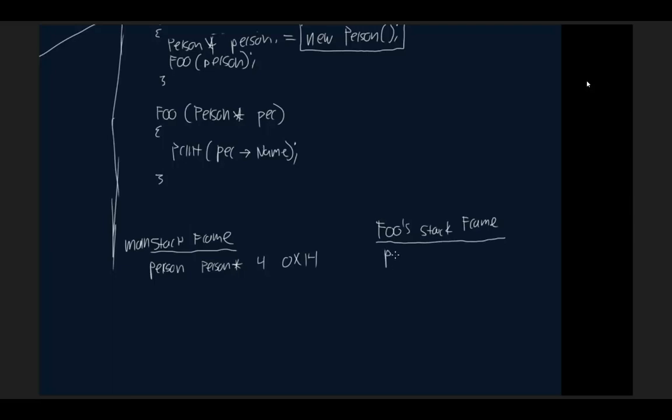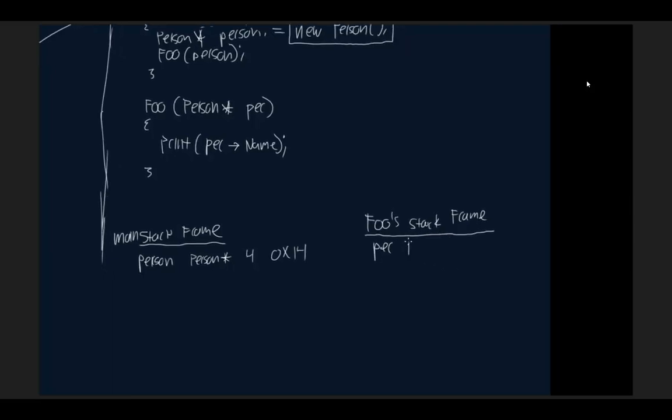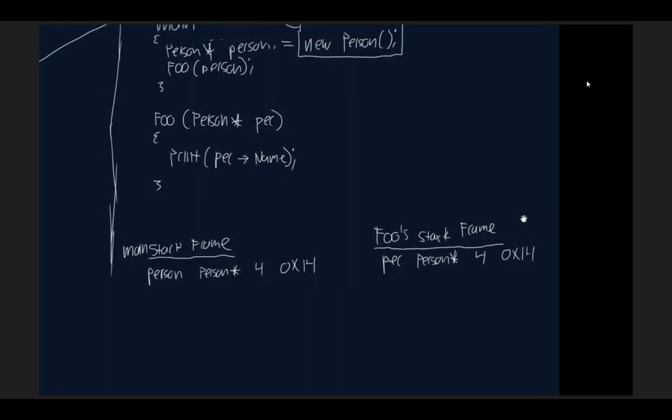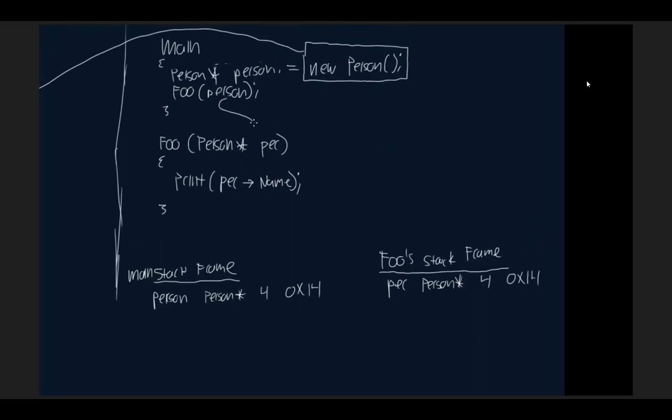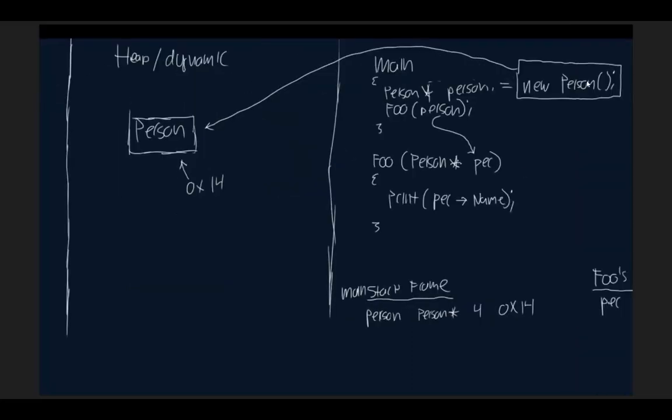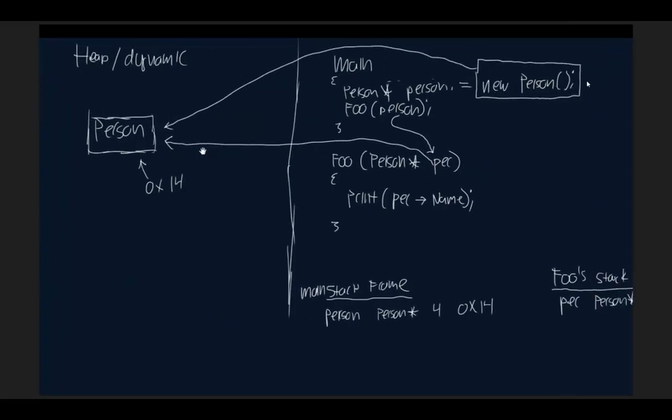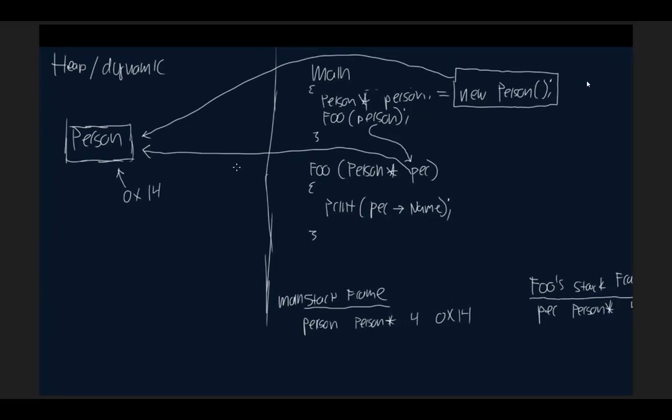There's a variable called per, of type person pointer. He's 4 bytes wide, and his value is 0x14. That's because the value of this argument gets copied into the value of that parameter, which means that this per is still pointing to the same object on the heap. The pointer itself is passed by value.